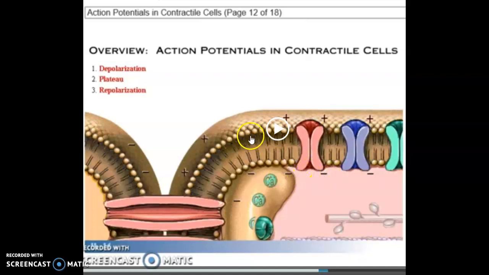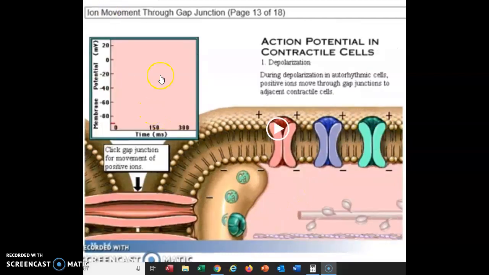Okay, now, here in this situation, though, something has to cause that sodium channel to open. And what causes it to open is the influx of ions across the gap junctions. So let's look at that. Notice we have our graph again with our time signature on the bottom, and running upward we have our millivolts.